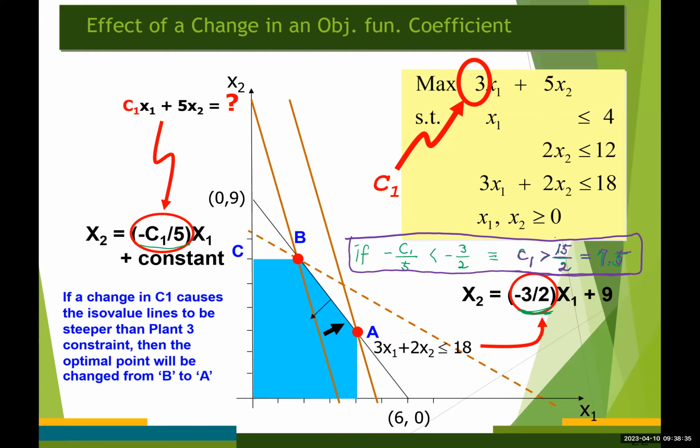Under this condition, the current basis will no longer be optimal. And point A, in this case, becomes the new optimal point, okay?